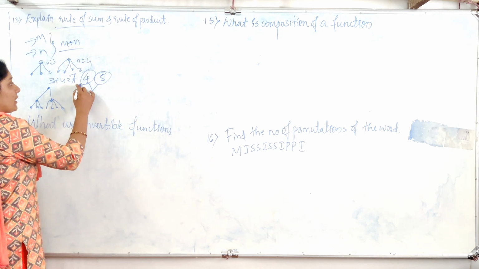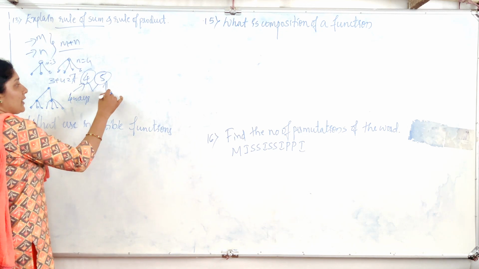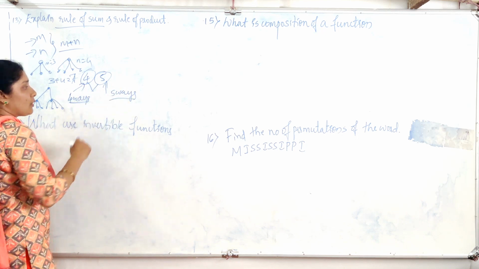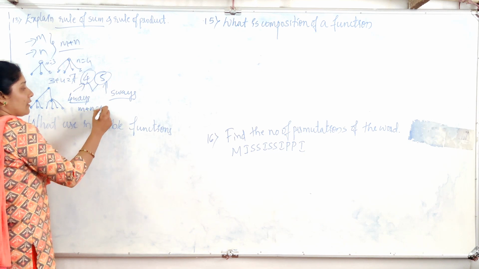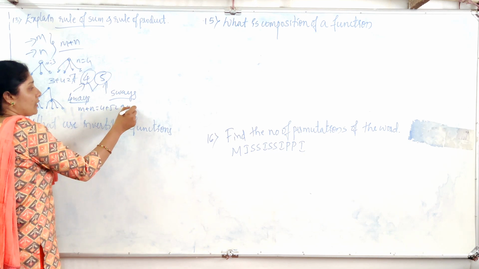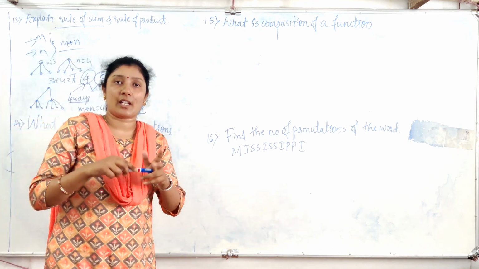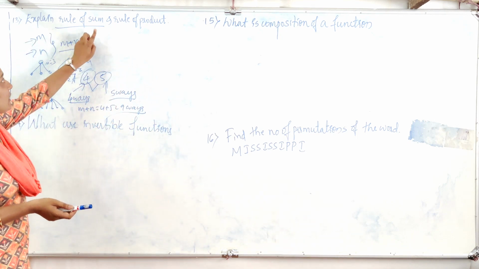In Gadag he can choose in 4 ways, in Hubli he can choose in 5 ways. Then what is the total number of ways of choosing? That is M plus N, 4 plus 5, that is equal to 9 ways. Means a student is having 9 options of getting admission into a BCA college. So this is the rule of sum.